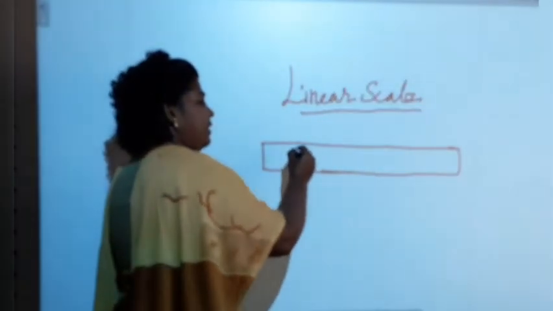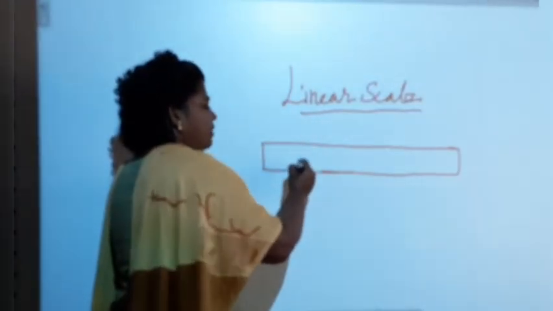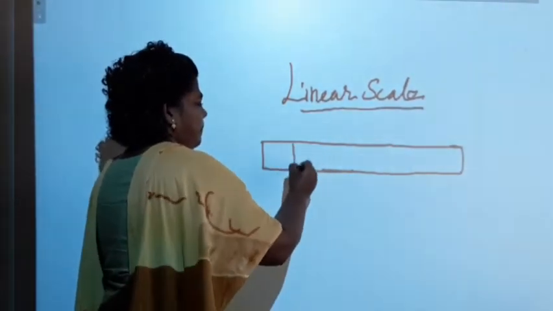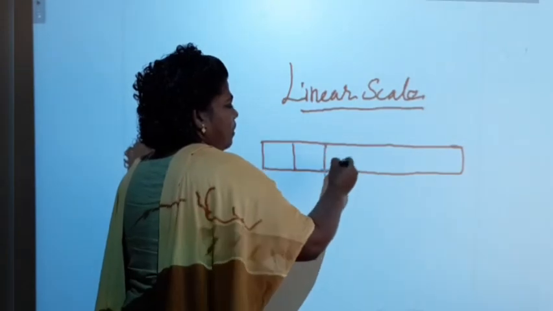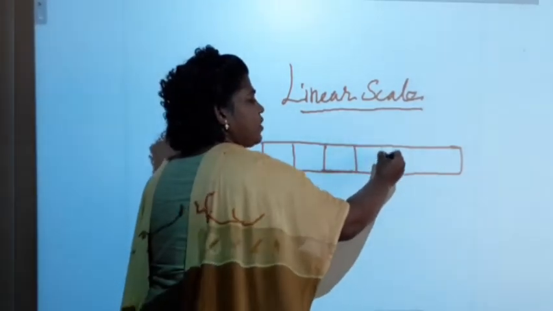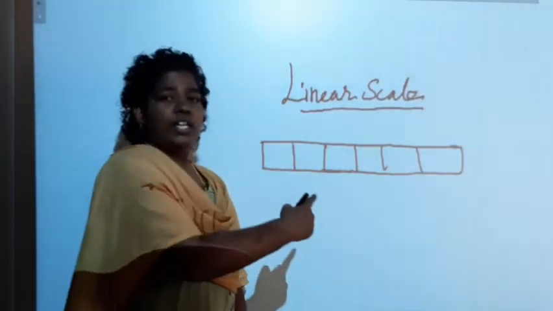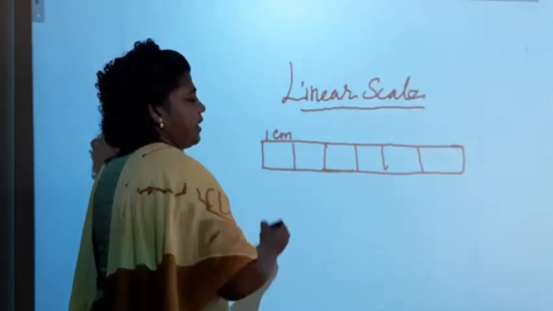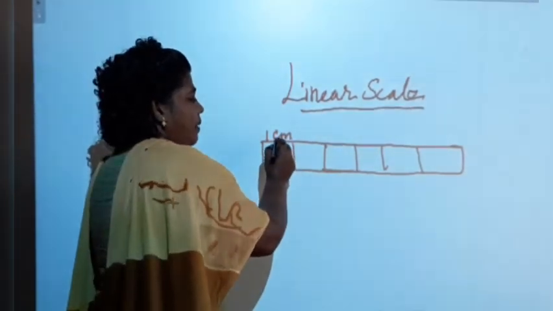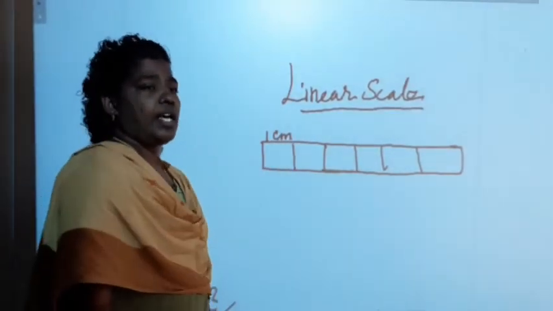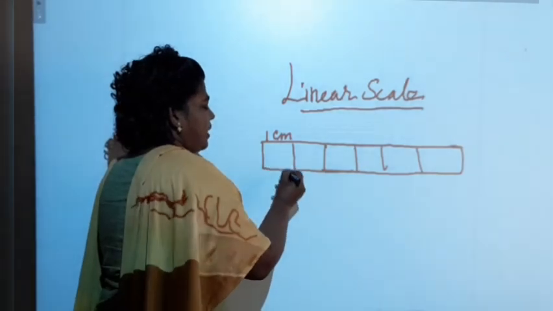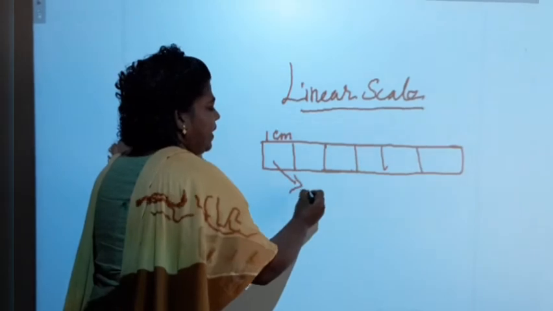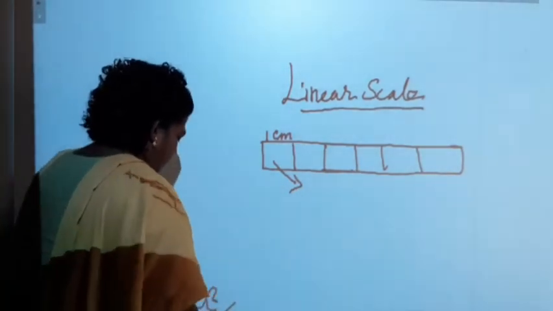So each division is considered as 1 centimeter. On the map it will be 1 centimeter, but the actual distance is 50 kilometers on the ground.